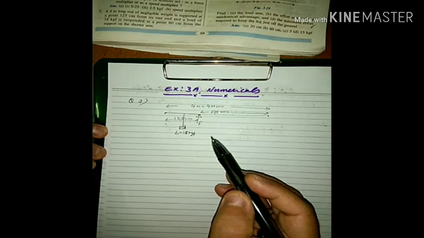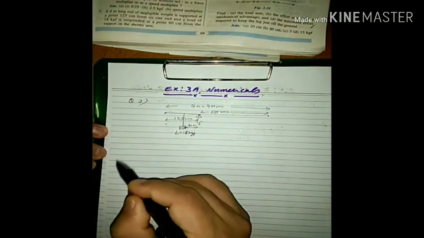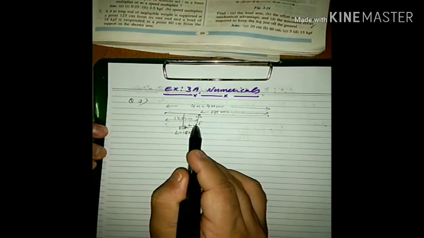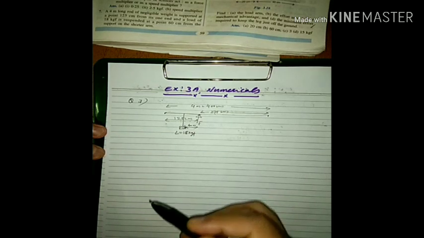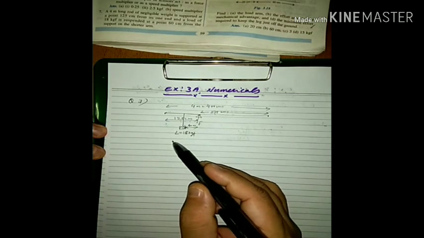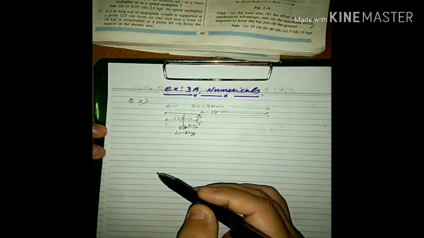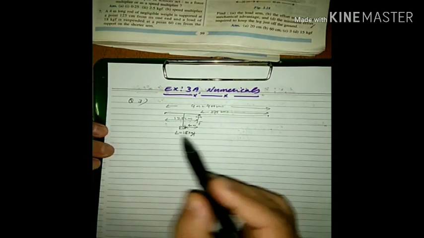Read the questions very thoroughly. On the shorter arm. So the data is given in the question. We have put it in the form of a diagram. Now the question number A.